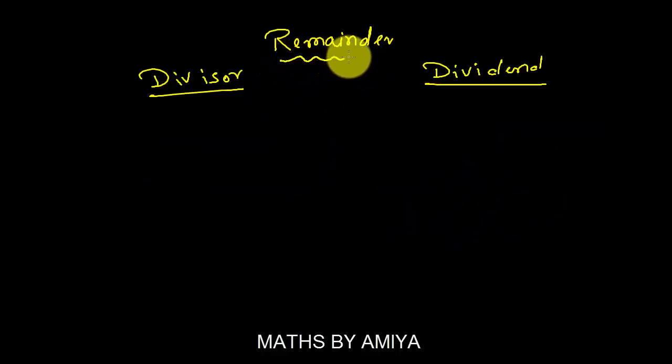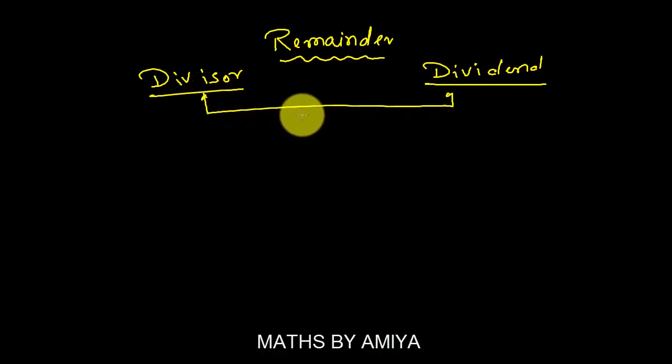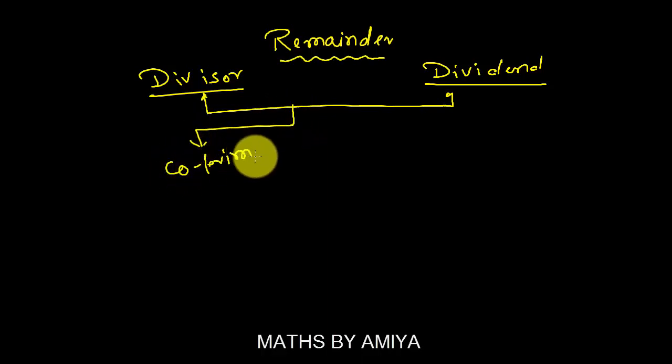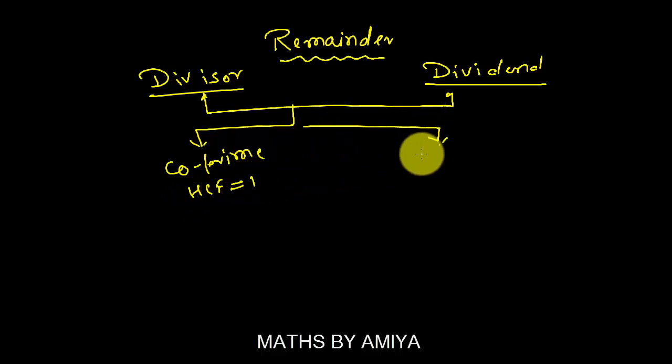To start the concept of remainder, first of all we should know the relation between divisor and dividend. There are two types of relation between divisor and dividend. One is when both are co-prime, there is nothing common, or say HCF is 1. Another one is non-co-prime, when their HCF is not 1. HCF can be anything.